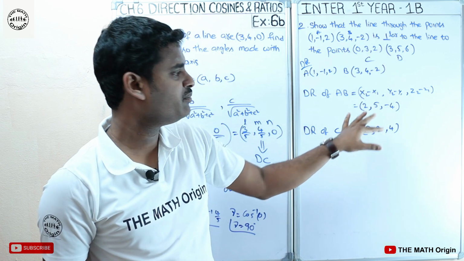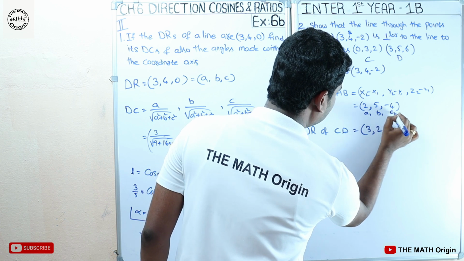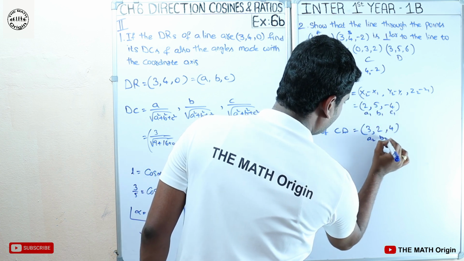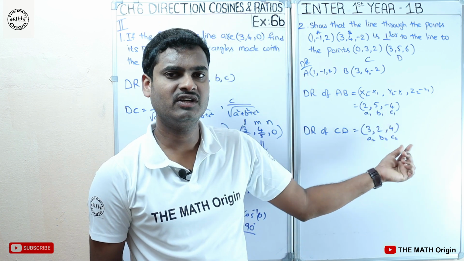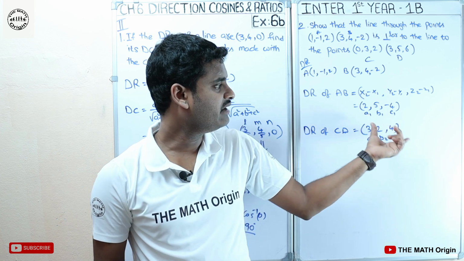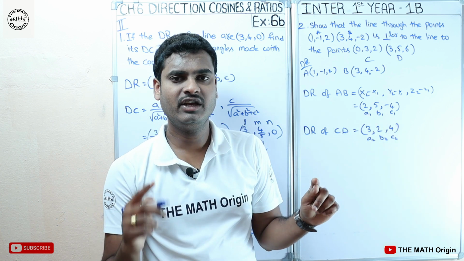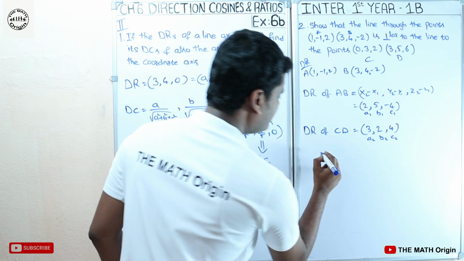These are a1 b1 c1 and a2 b2 c2. Since these two are perpendicular to each other, we have the formula a1 a2 plus b1 b2 plus c1 c2 equals 0. Now let's apply that formula.